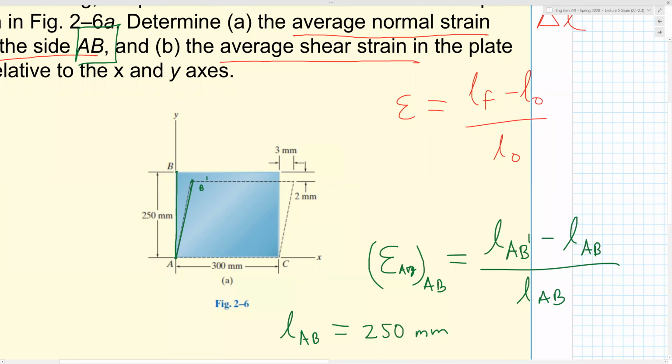What distance did this corner offset here? What distance did it offset on the top right corner? So shifting to the right is 3 millimeters, right? So then what do you think the shifting to the right from here to here is going to be? 3 millimeters.